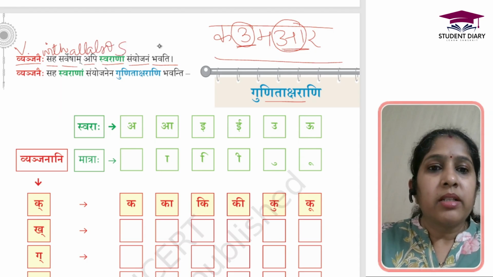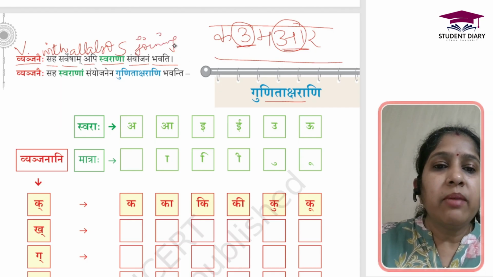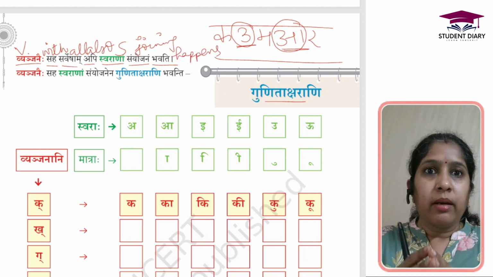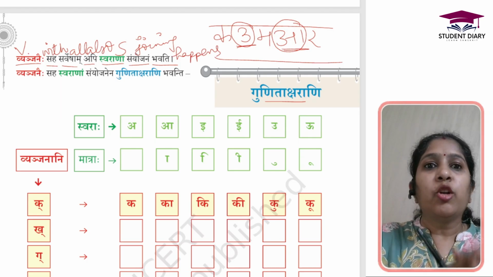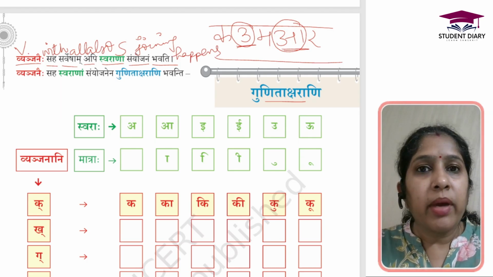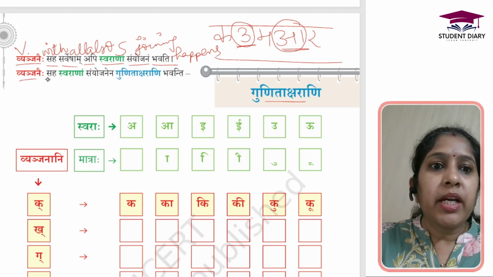Swarana means the swar. Sanyojanam means joining. And bhavati means you can say here happens. So you can join all the swar with all the vyanjan to make the letter, to make the different pronunciation.